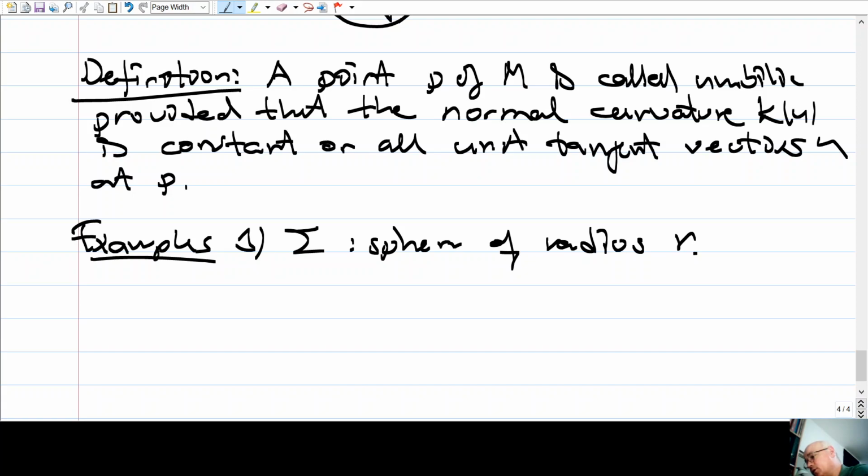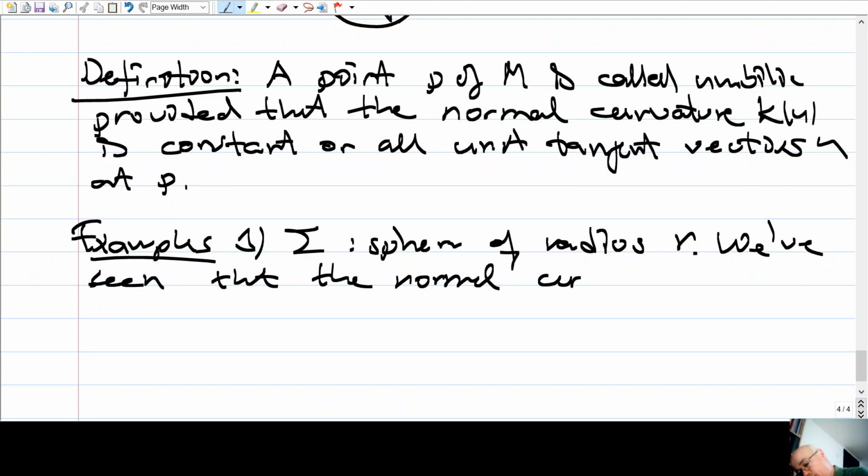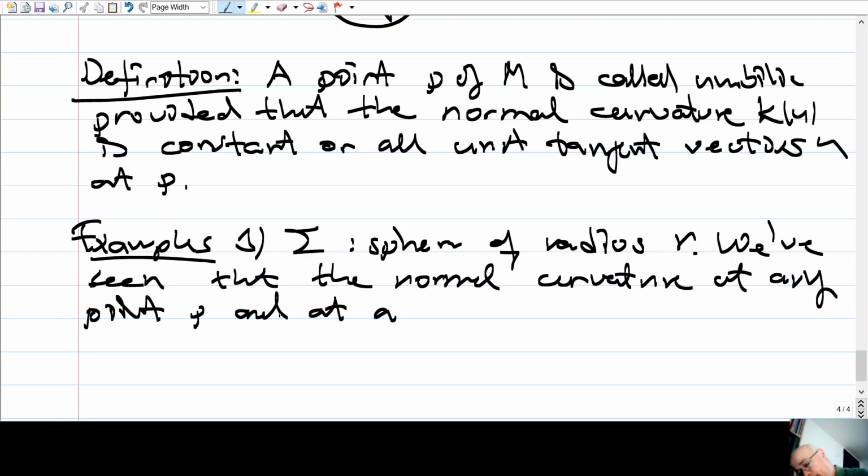Then we have seen that the normal curvature at any point P and along any direction is minus 1 over r.